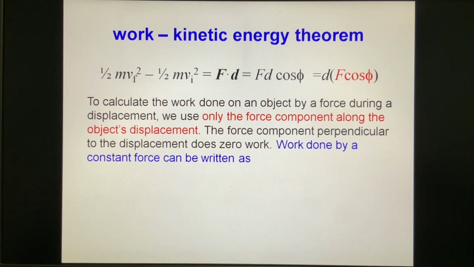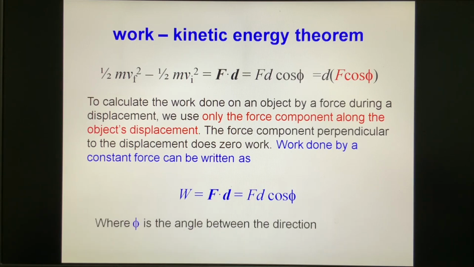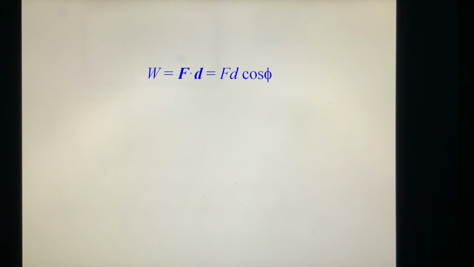Work done by a constant force can be rewritten as W equals F dot d. The dot product is equal to F d cosine phi, where phi is the angle between the directions of the displacement d and the force F. W equals F dot d equals F d cosine phi.